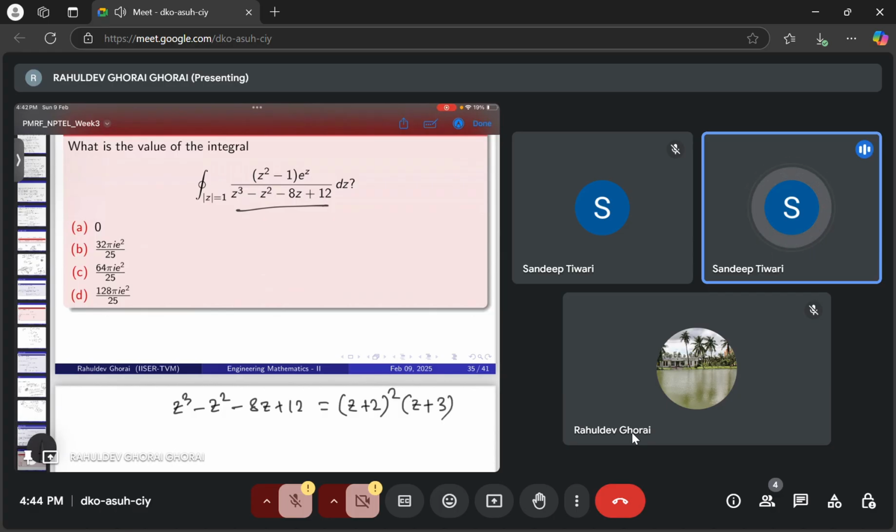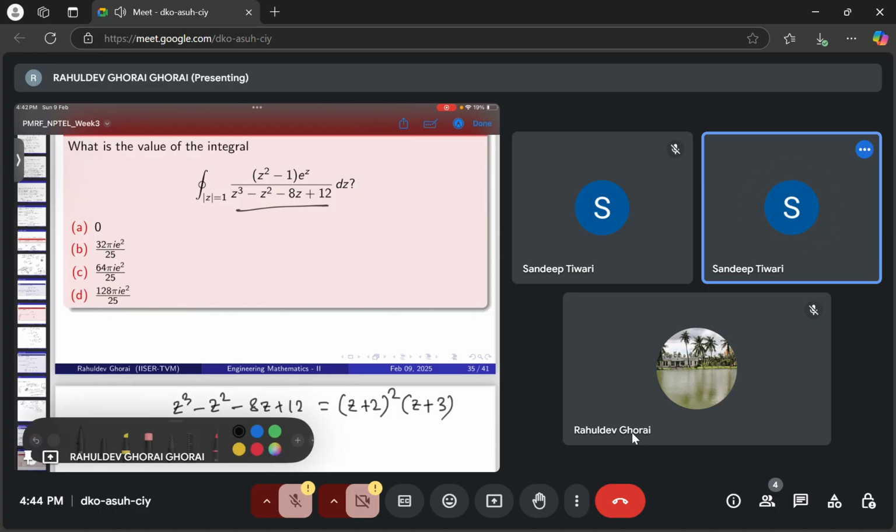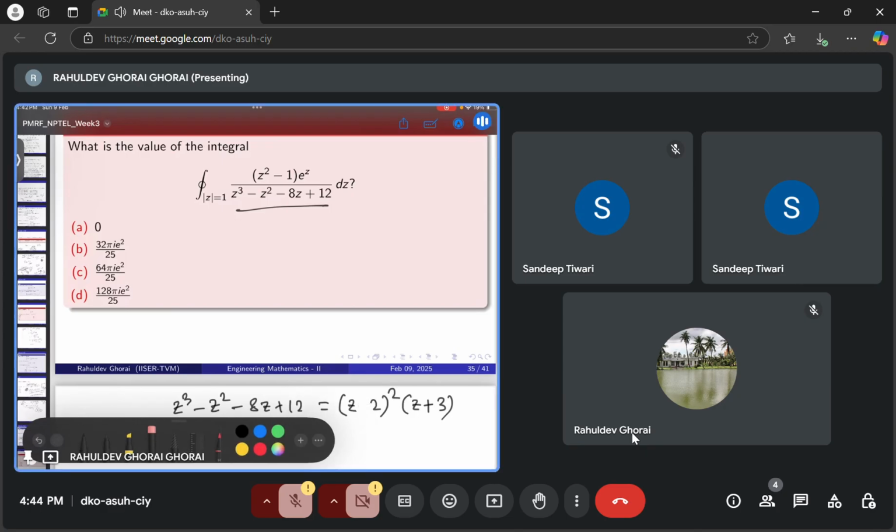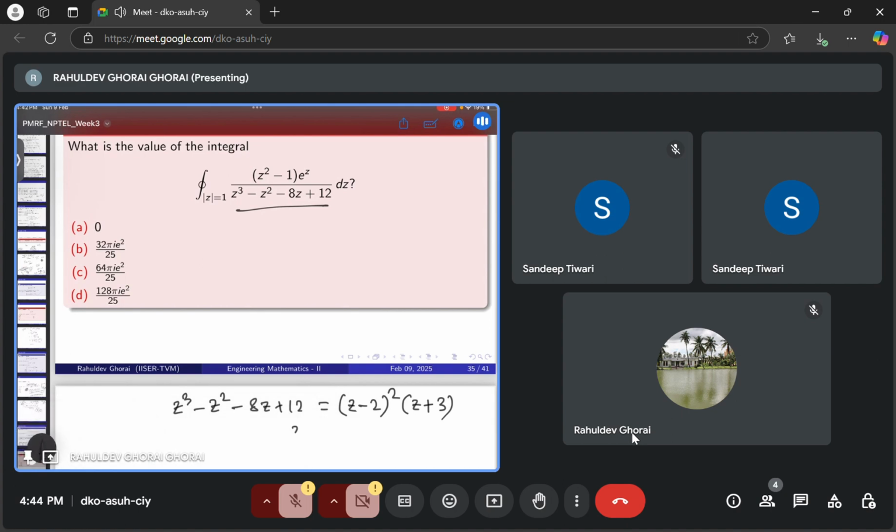So the roots are 2 and minus 3. Are they inside modulus z equal to 1?